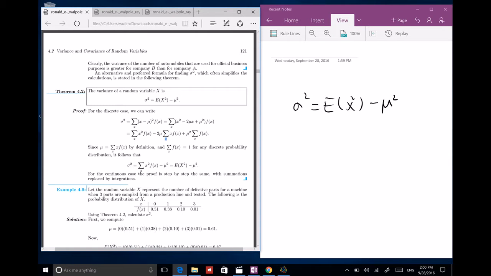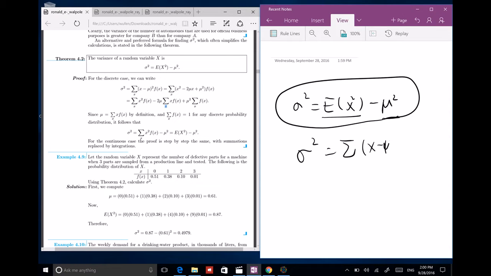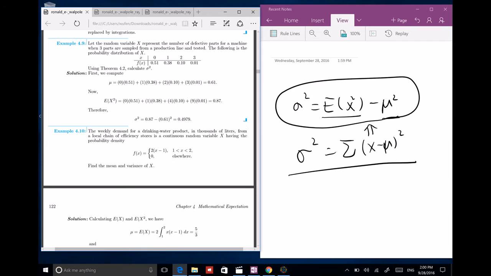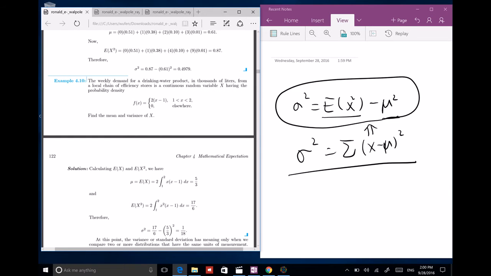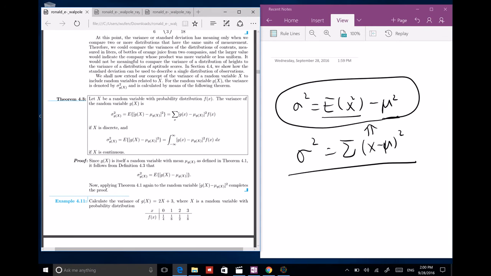So it's the expectation value of X square minus mu square. This is a simplified version of the previous definition, the expectation of (X minus mu) square. There are two examples, which should be pretty simple. If you have a question, just let me know. Please read through these two examples.